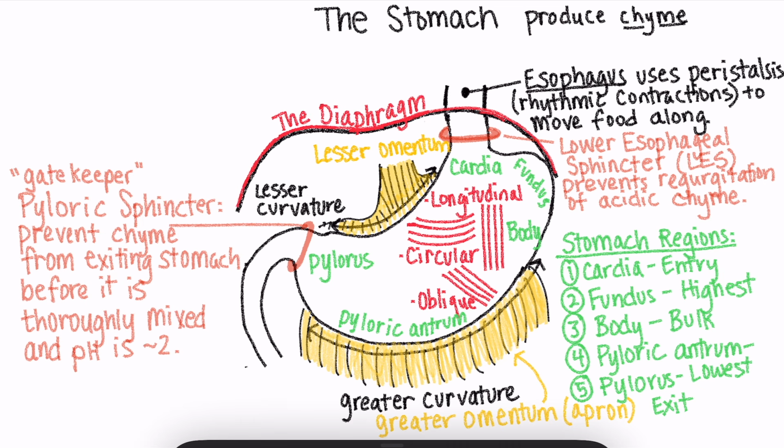If you were to cut your stomach open and look inside when it didn't have food in it, you would see a lot of wrinkly ridges called rugae. And what these rugae do is they allow the stomach to be able to distend, because as the stomach fills up, then it can get bigger and bigger, and those rugae sort of flatten out.